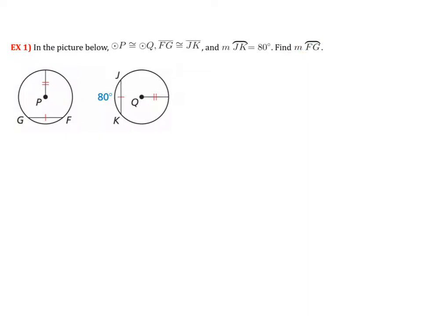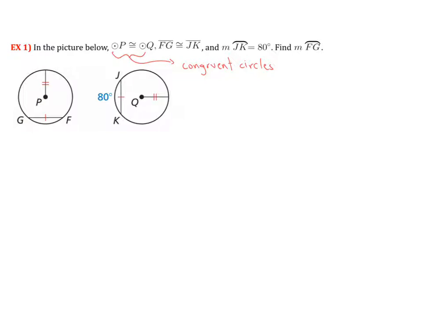Now, before we get started, the first thing we need to note is the fact that they tell us that we have two congruent circles. The reason why this is important is because if this was not true, we could not use the corresponding congruent chords theorem. But because we are working with congruent circles, we can go ahead and use that theorem.